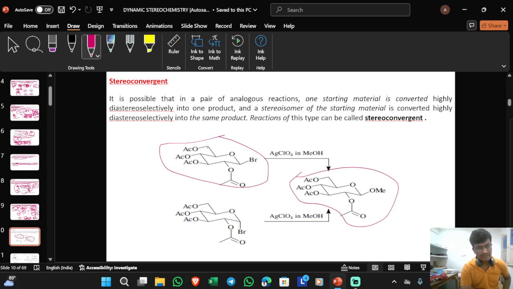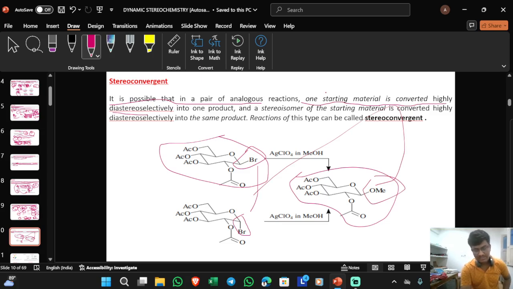First of all, read this topic now. In an analogous reaction, one starting material is converted highly diastereoselectively, meaning all centers are different. These are enantioselective, not diastereoselective, meaning these are two different ones but created as one isomer.